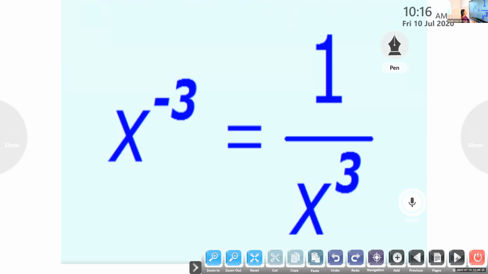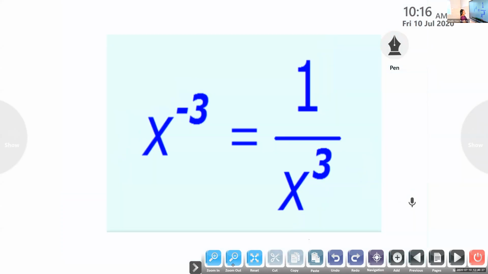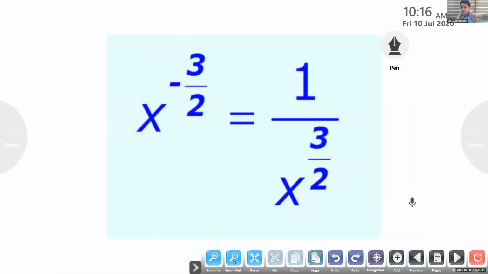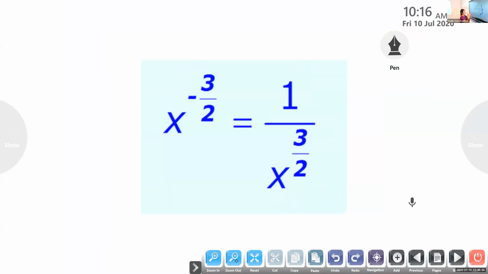So see, these are the examples. X raised to minus 3 equal to 1 by x raised to 3. When the power is a rational number, the same thing happens.